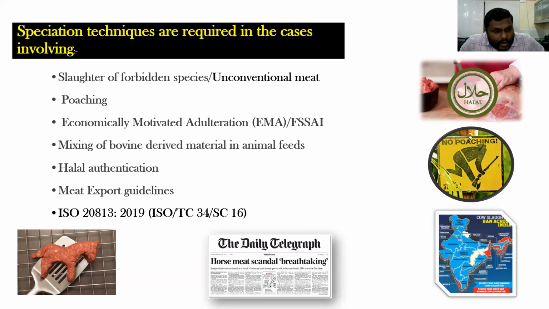Now the most important and most common issue we are facing is called economically motivated adulteration. That is the most common form of food fraud in our country. This mainly comes under the food safety department. Food safety departments are constantly collecting samples of processed meat products like haleem and biryani.